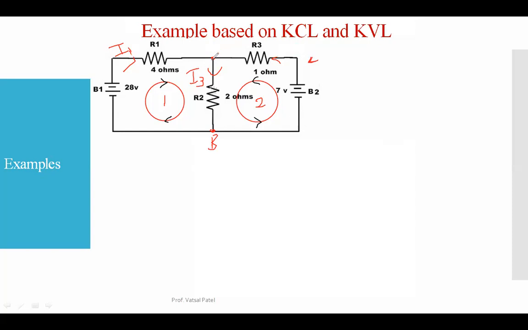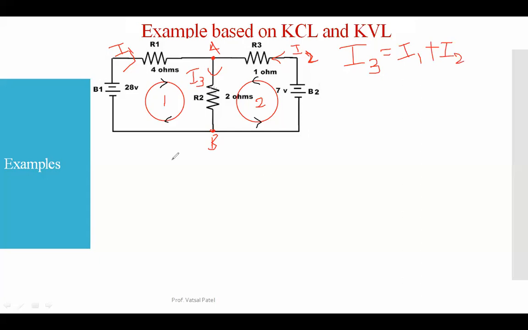So what will be the value of I3 here? Can I write I3 is equal to I1 plus I2? Yes or no? So I3 is equal to I1 plus I2, as we apply the KCL here.